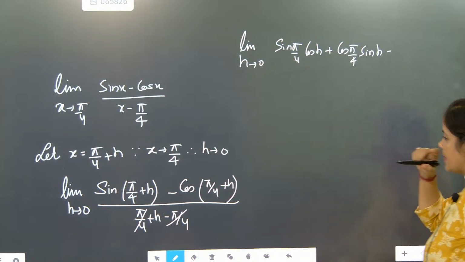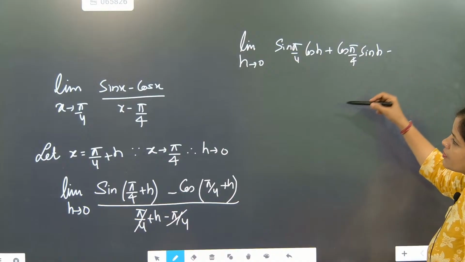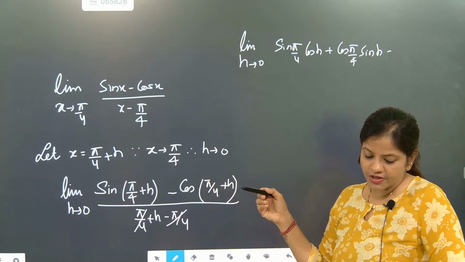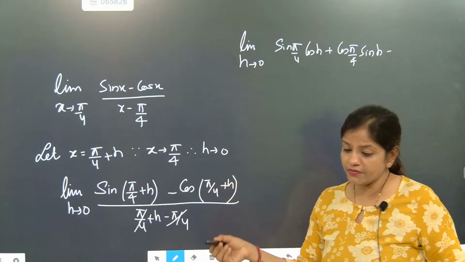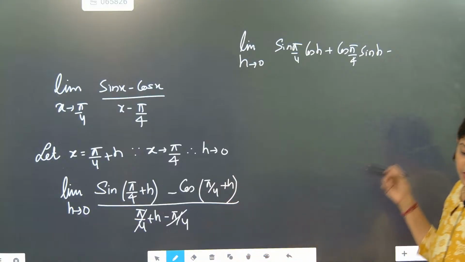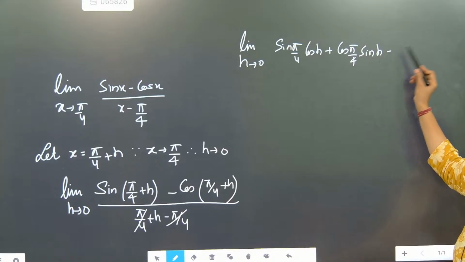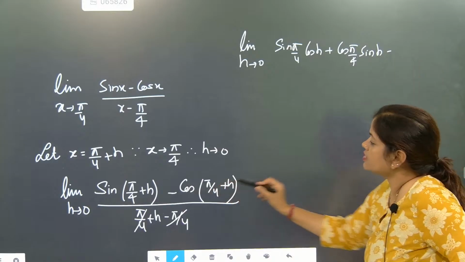Understood? Minus, because they have given x tends to pi by 4, this question becomes very, very important for you. Now look here. Next section, minus cos of a plus b.